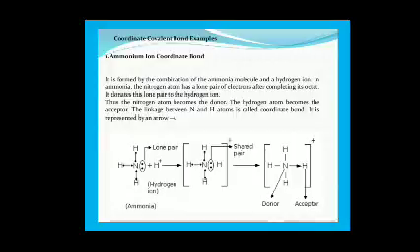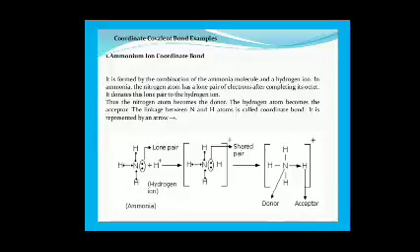Thus, the nitrogen atom becomes the donor and the hydrogen atom becomes the acceptor. The linkage between nitrogen and hydrogen atom is called a coordinate covalent bond.